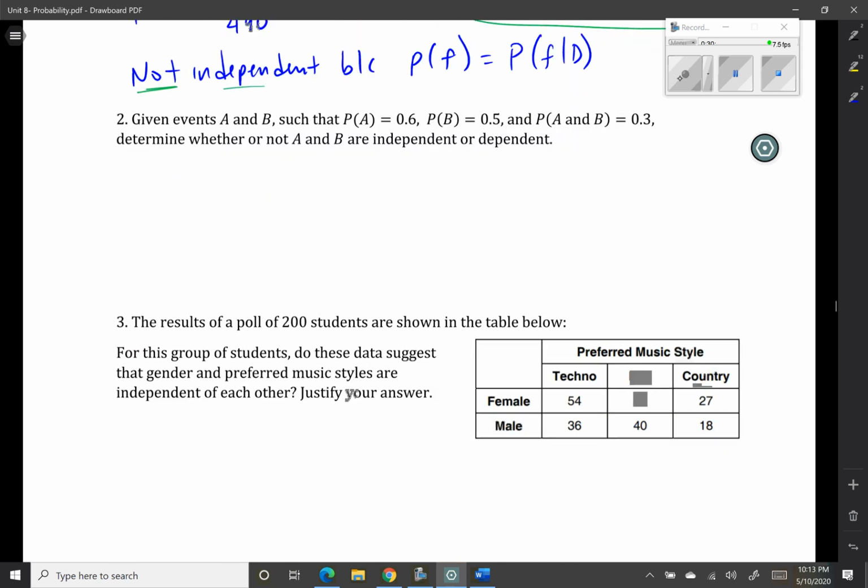Number two is kind of like the rain and lightning question we did at the end of the lesson. There's no two-way table here, but there is enough information to figure out whether or not these are independent or not.